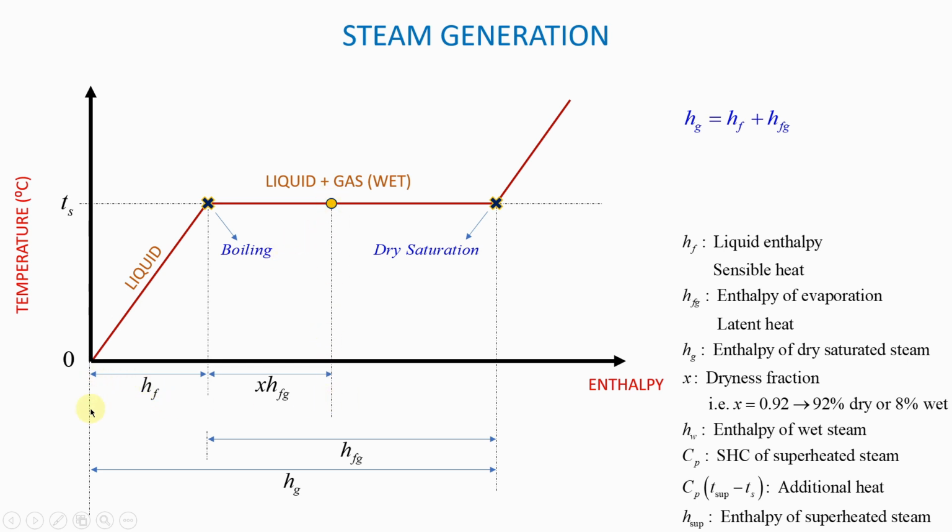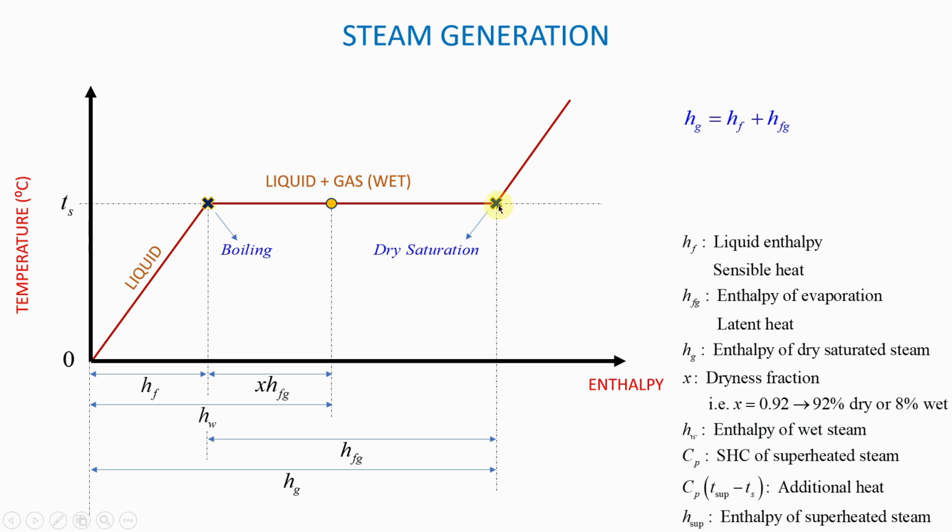But the heat that you need in total from 0 to this place where it is wet is going to be the sum of Hf plus x Hfg. And so this is what we call Hw, and this is the enthalpy of wet steam, okay? Hw, it's the enthalpy of wet steam.